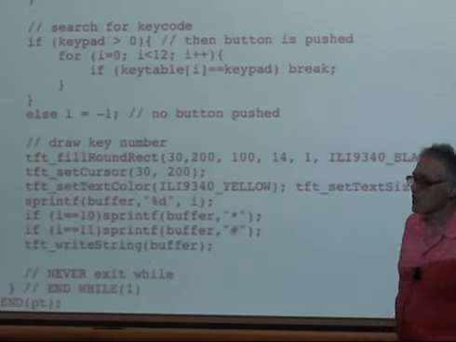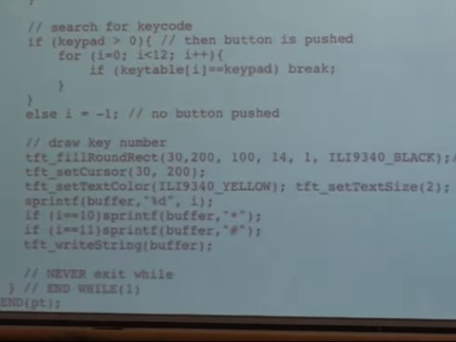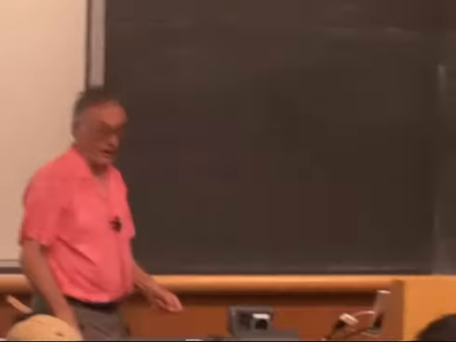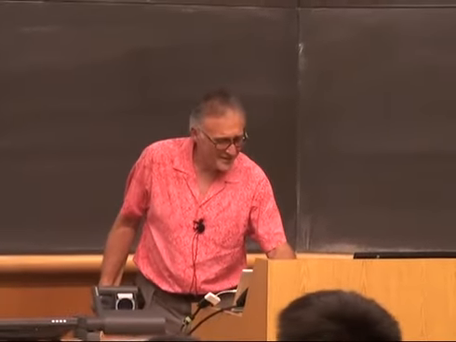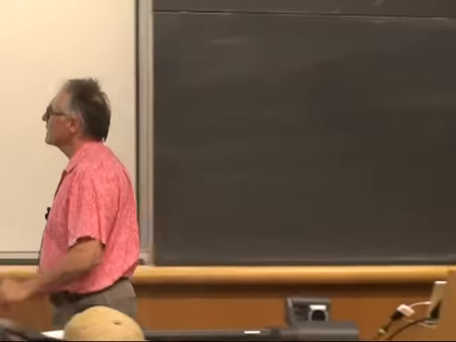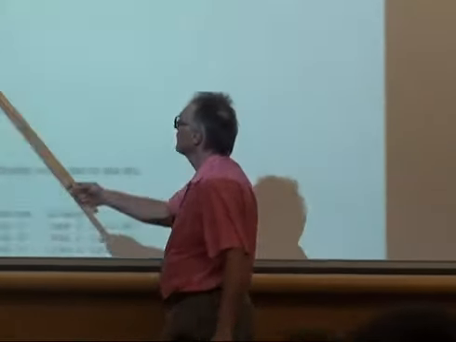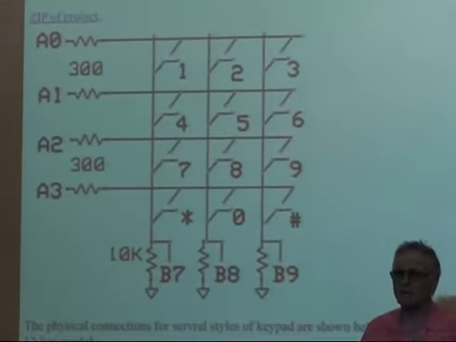So let's ask what happens under some error conditions. What if the foolish user, and they all are, presses 2 buttons in the same row? Let's say a fat finger hits 1 and 2 at the same time.